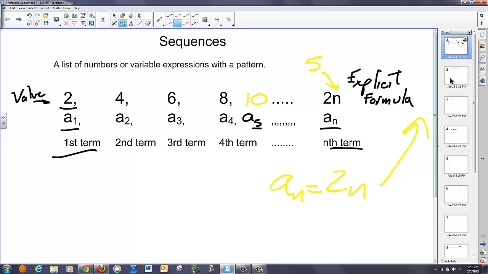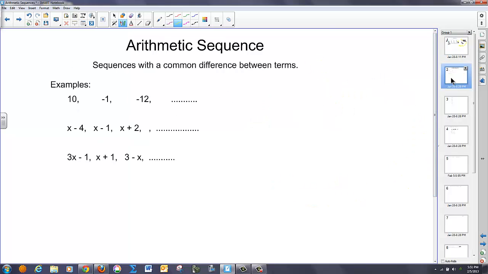Now today what we're going to deal primarily with is arithmetic sequences. All right, an arithmetic sequence is a sequence in which a common difference exists between terms. So if we look at this first example, we notice that from the second term to the first term, if I have negative 1 minus 10, that's equal to negative 11.